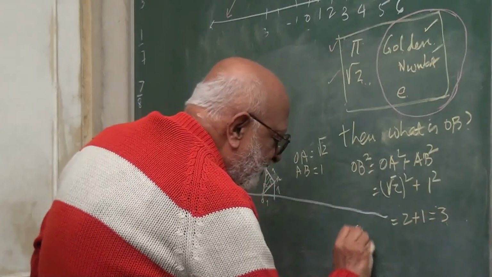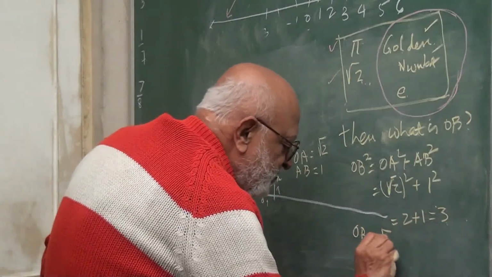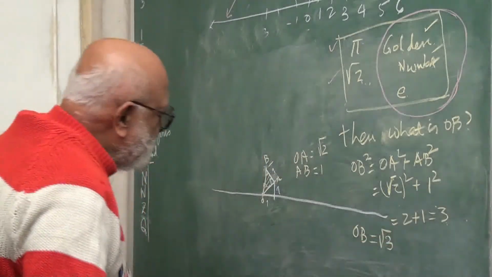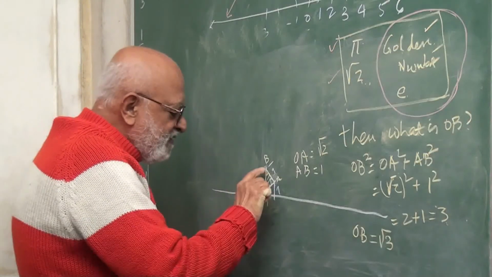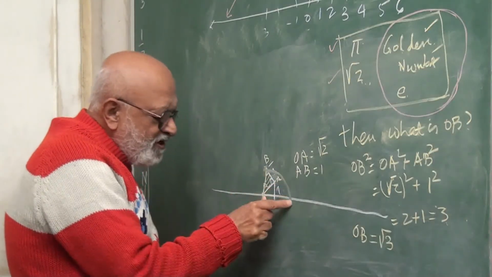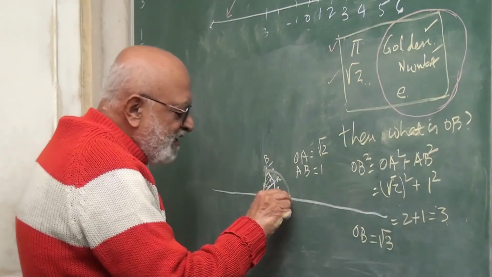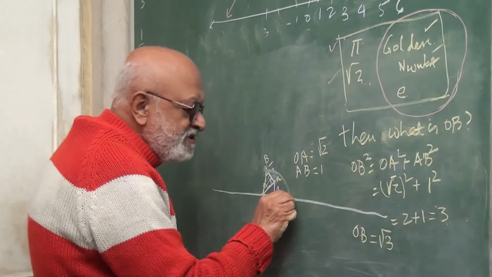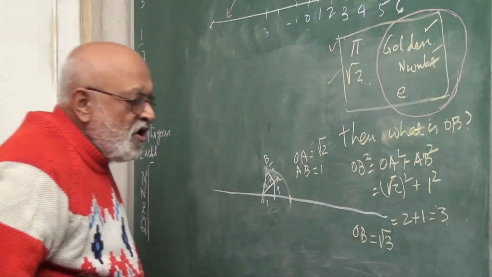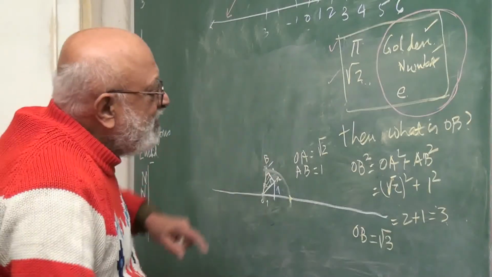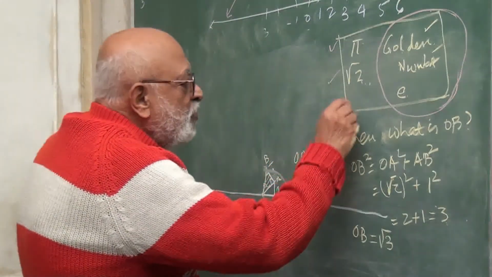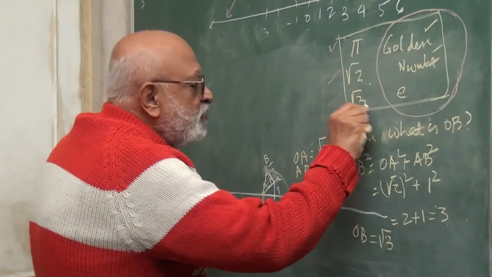So OB is equal to root 3. Again you take this length and put it on your real number line. So this is a position here. For root 4, as I have said, that is not necessary. So you have root 2 and there is also root 3.